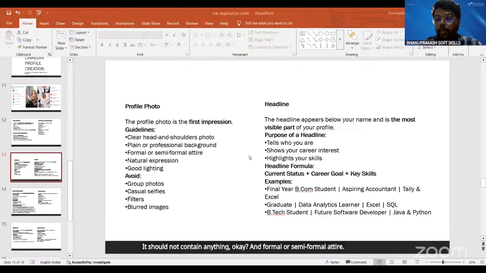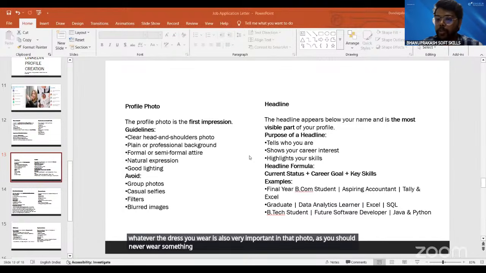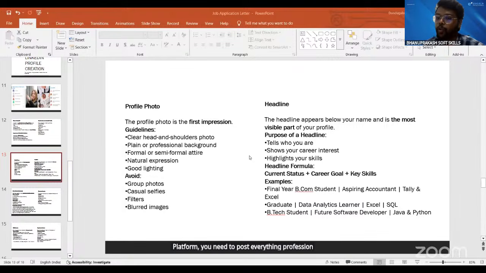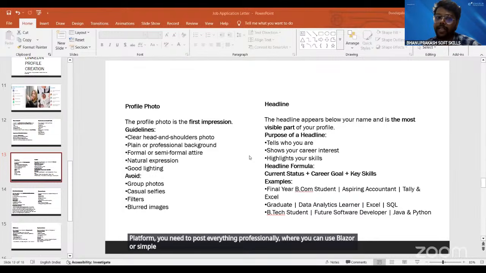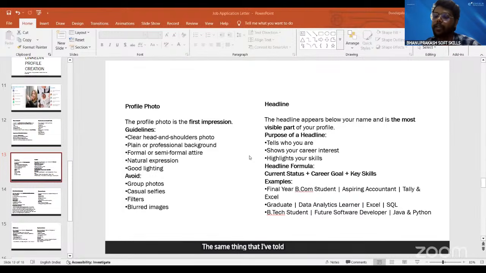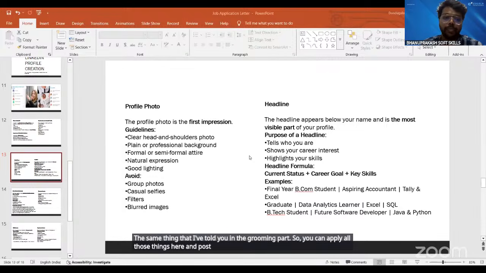Whatever dress you wear is also very important in that photo, as you should never wear something like a t-shirt and post it, as this is a professional platform. You need to post everything professionally, where you can use a blazer or a simple plain shirt, the same thing that I've told you in the grooming part. So you can apply all those things here and post your photo.